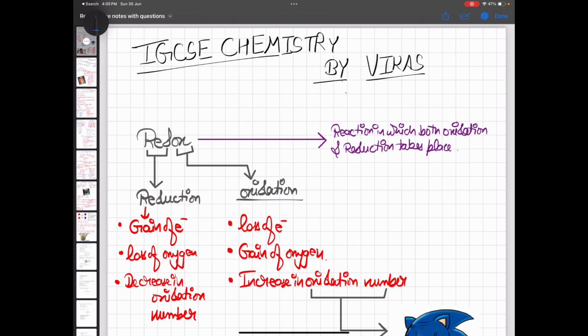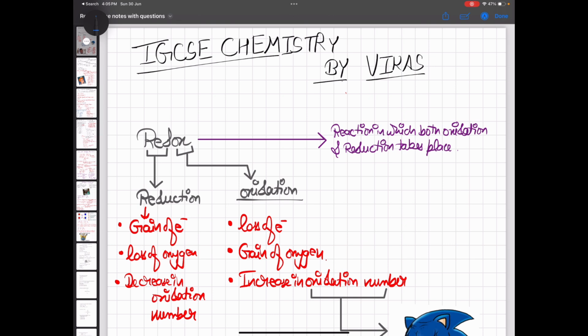So if you face any issues in topics like oxidation, reduction, redox reactions, what is oxidizing agent, what is reducing agent, how to identify these in a given reaction, and then what is oxidation number, how to identify oxidation number, all these topics will be explained to you clearly in today's session. So let's start with the session.